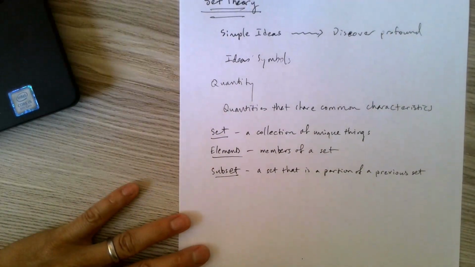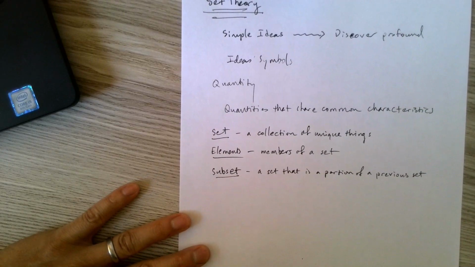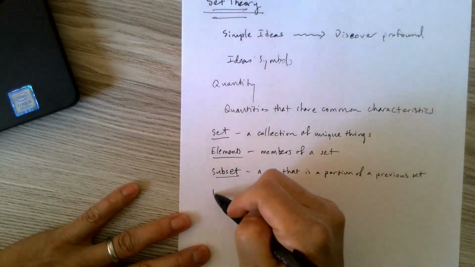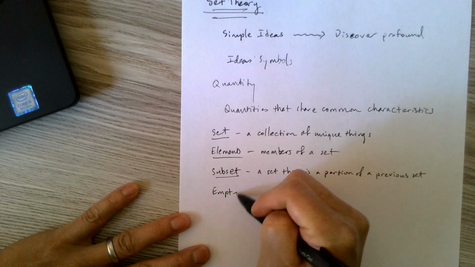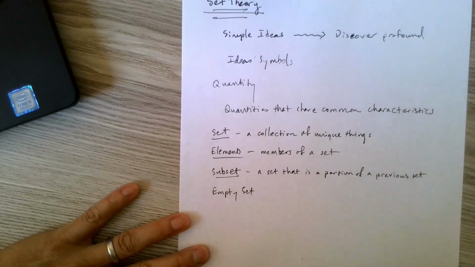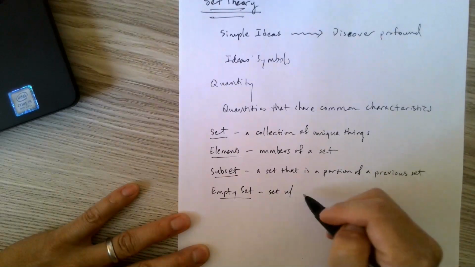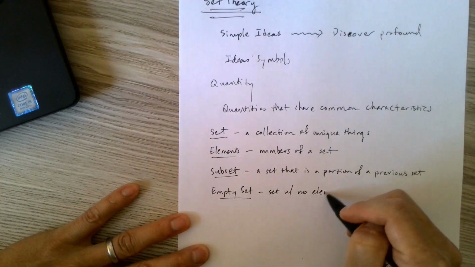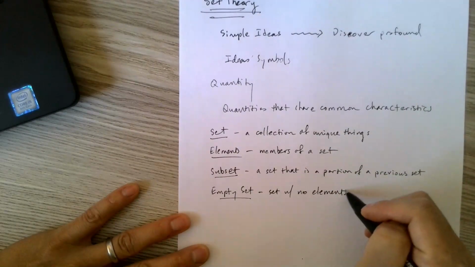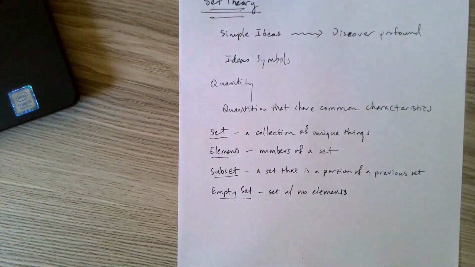What about a set that doesn't have any elements? Can you have a set without any elements? Sure. For the sake of argument, we're going to create something called the empty set. A set with no elements.